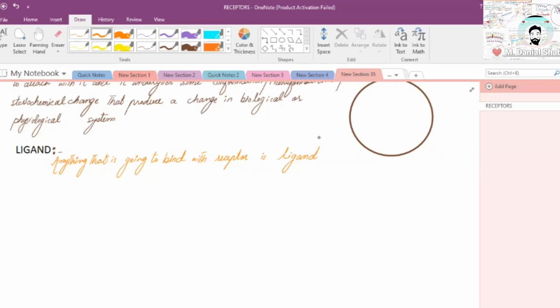Next is types of ligands. There are two types of ligands.